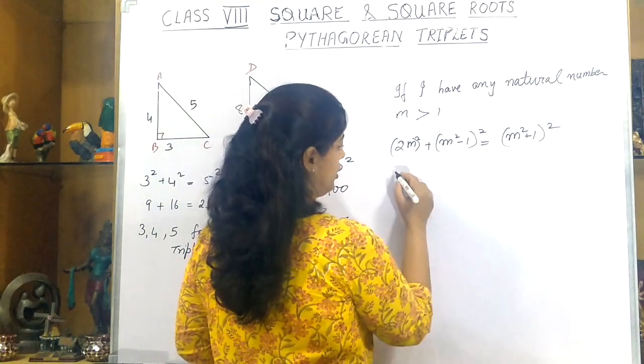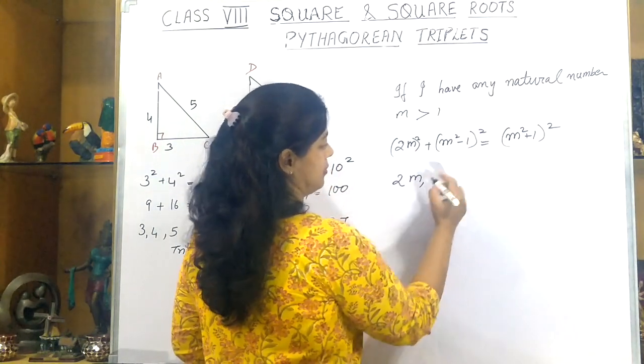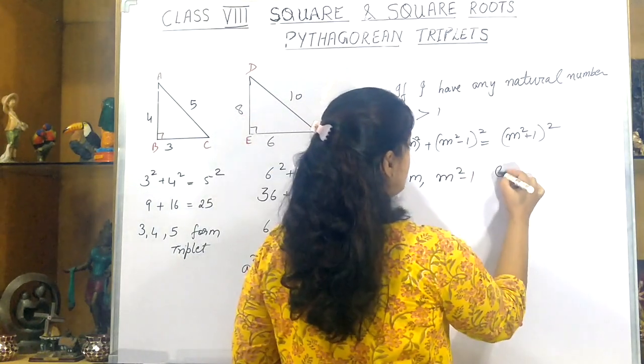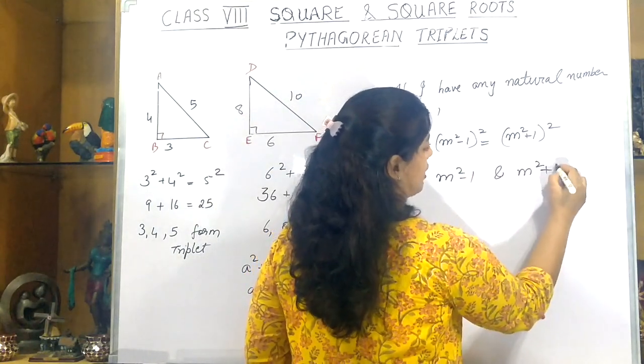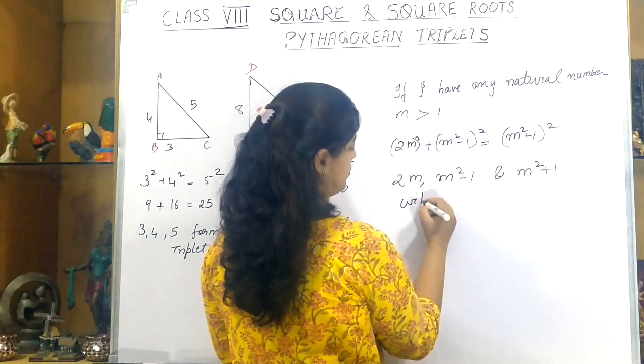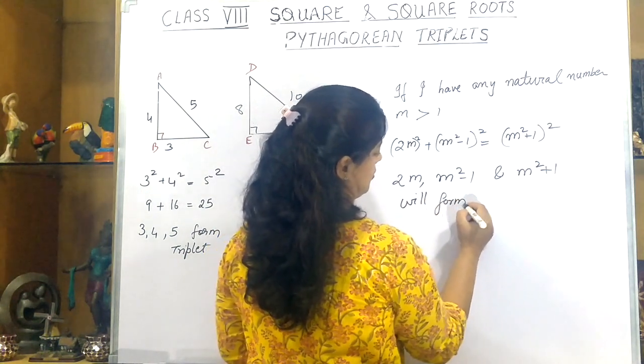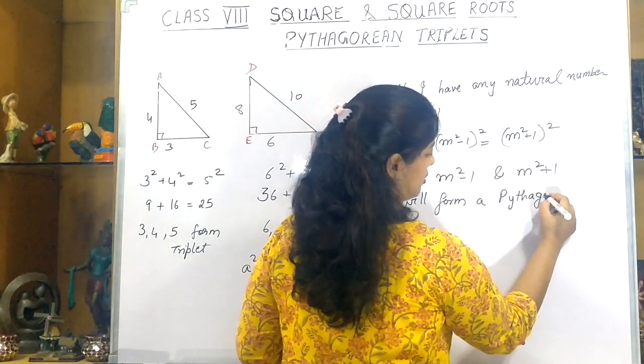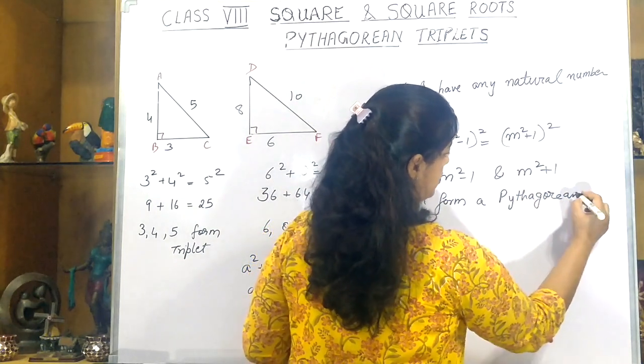If this holds good, then the numbers 2m, m square minus 1 and m square plus 1 will form a Pythagorean triplet.